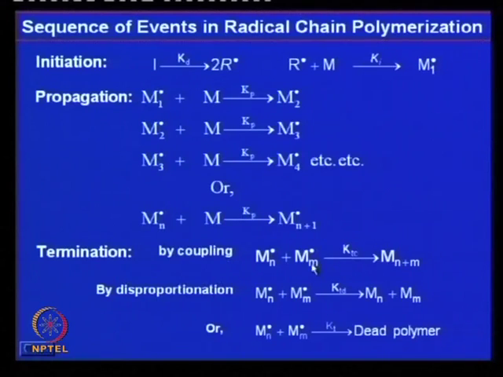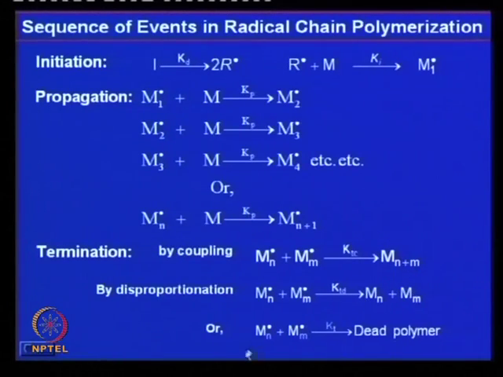Then termination, where we term this termination rate constant as Ktc if it is terminated by coupling reaction, coupling of two growing free radicals, or if it terminates by disproportionation reaction, we denote it as Ktd. Here the molecular weight is lower in this case, whereas in the other the molecular weight of the polymer is bigger.